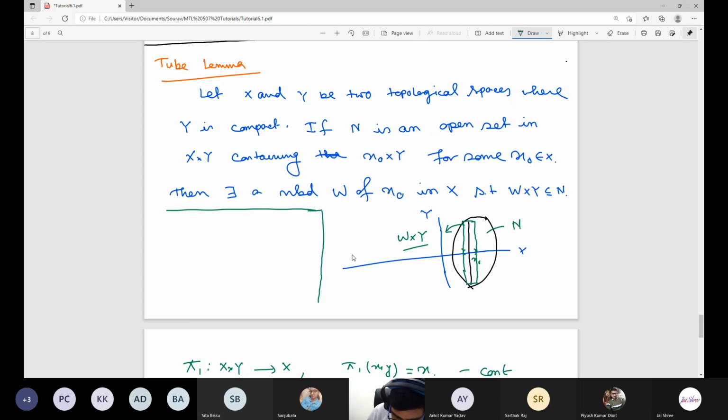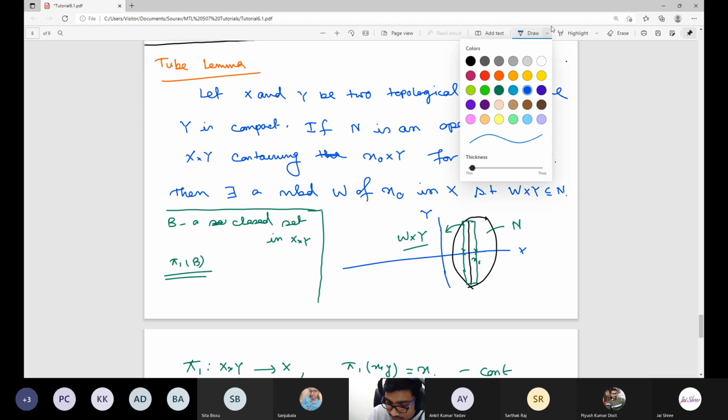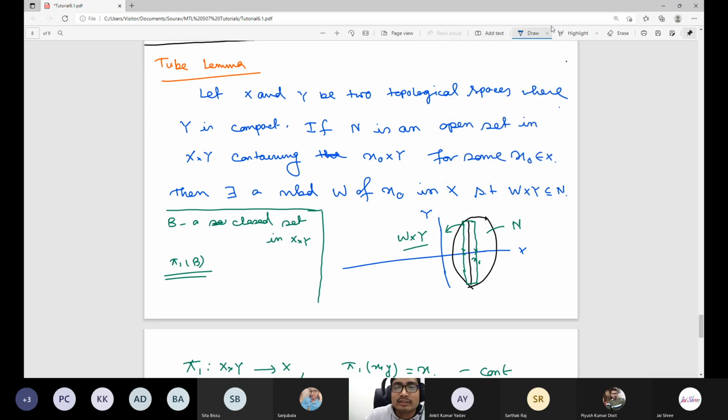Suppose B is a closed set in X cross Y. Now look at pi1 of B. You have to check whether this is closed or not. Can you take two or three minutes to verify this?